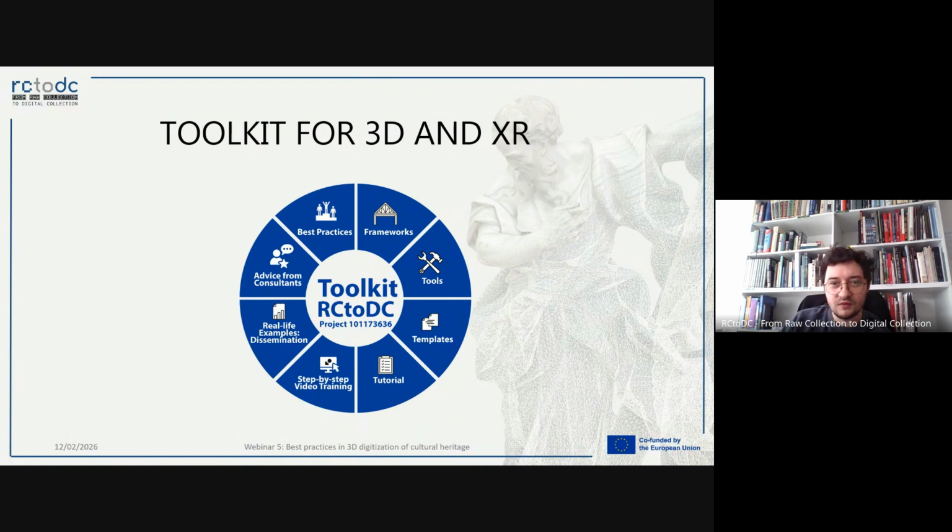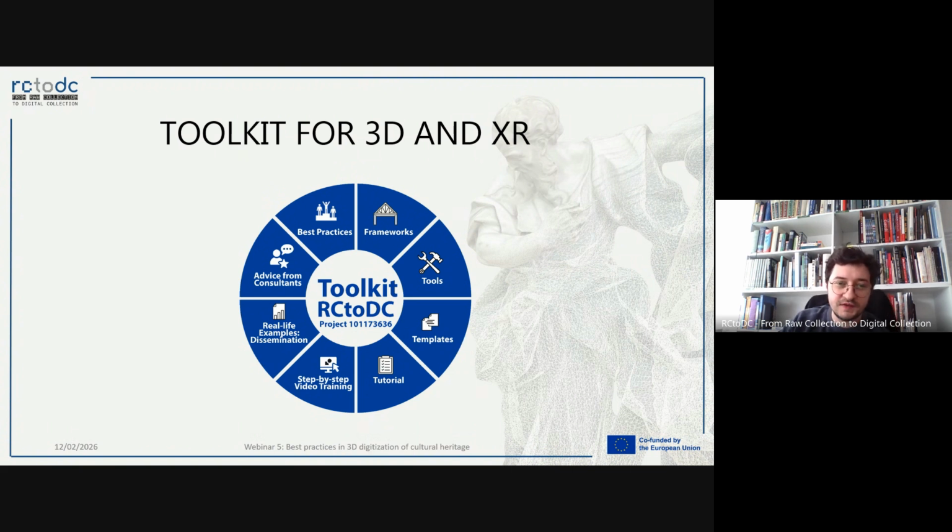The primary goal is to facilitate efficient and high-quality digital preservation, ensuring that cultural heritage institutions can contribute structured, reusable, and standardized digital assets to the European data space for cultural heritage.